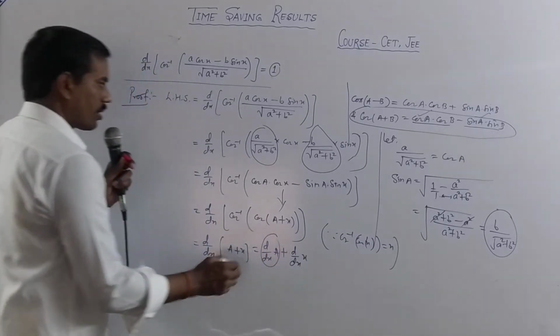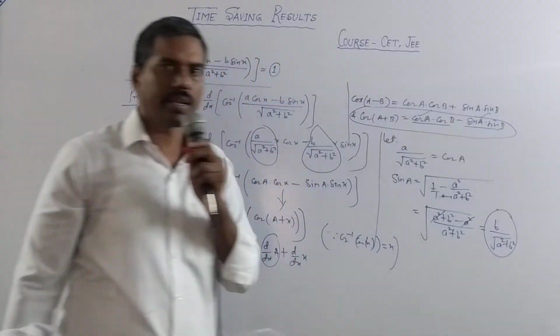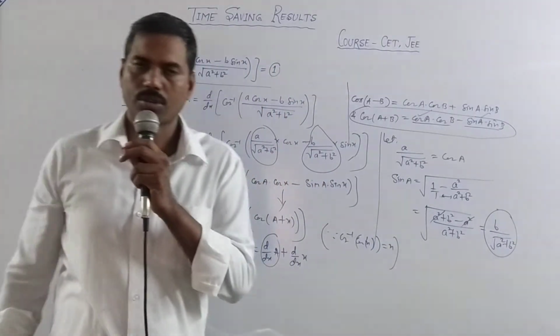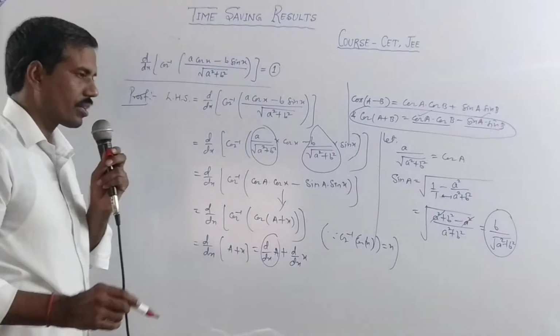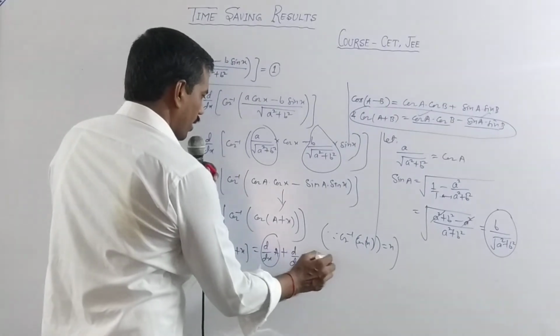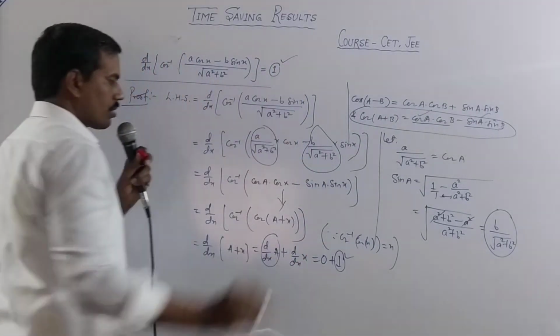A is a constant term: if we find A, we get A equal to cos inverse of a upon root a square plus b square, which is constant, and the derivative of any constant is 0. The derivative of x with respect to x is 1. So our result is 1.